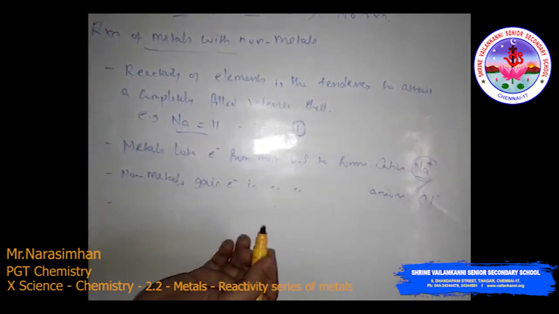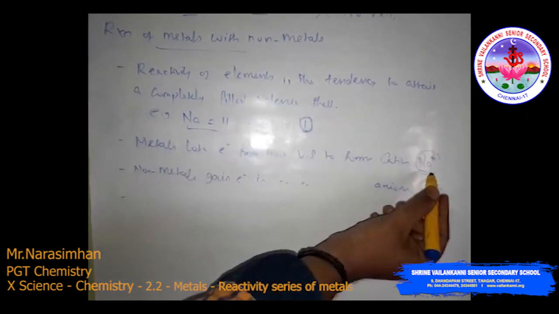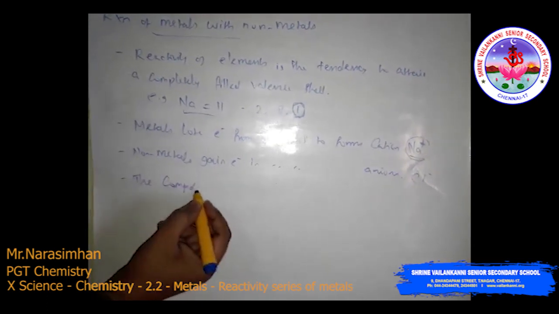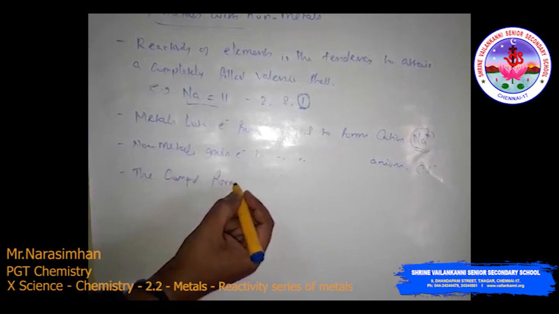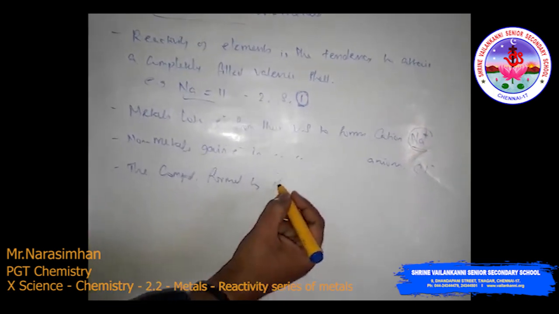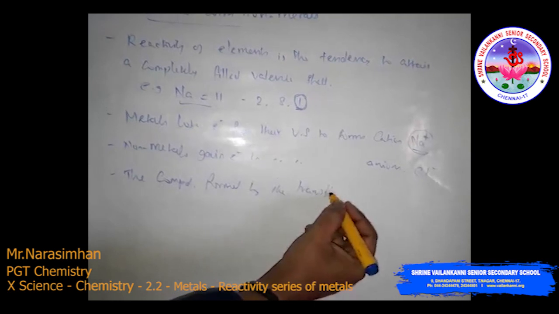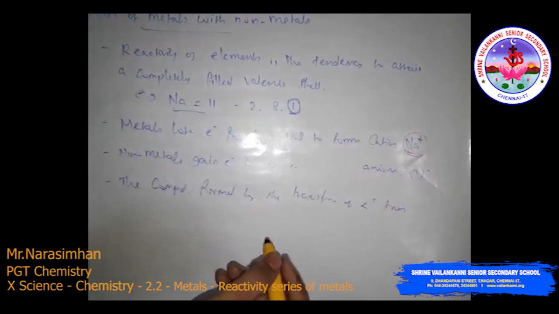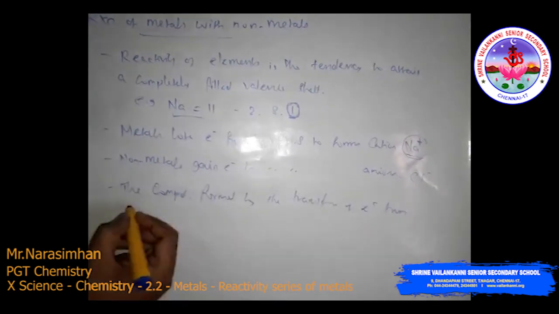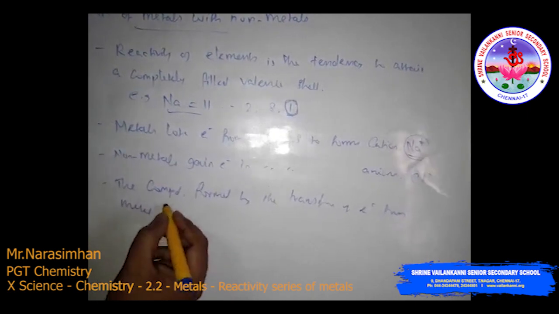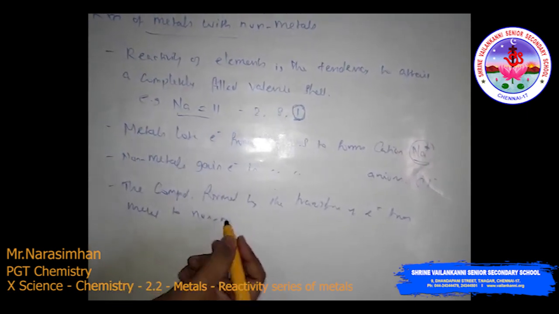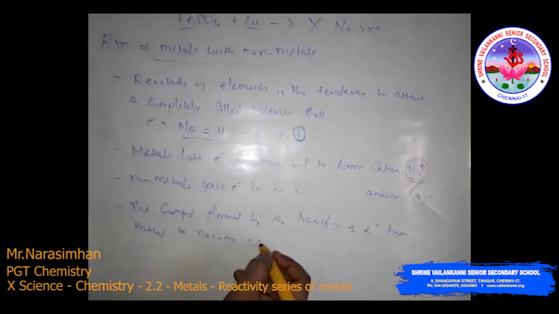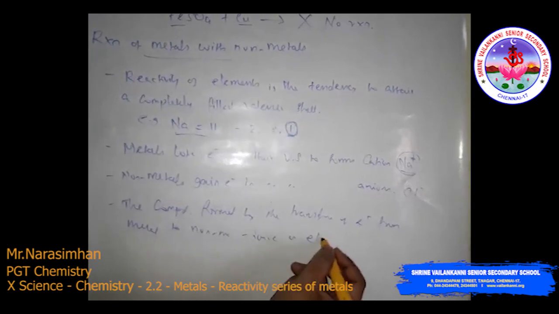Then the compound is formed by the transfer of electrons from metal to non-metal, as in the formation of NaCl. Such compounds are called ionic or electrovalent compounds.